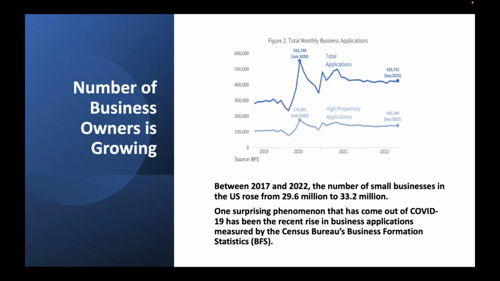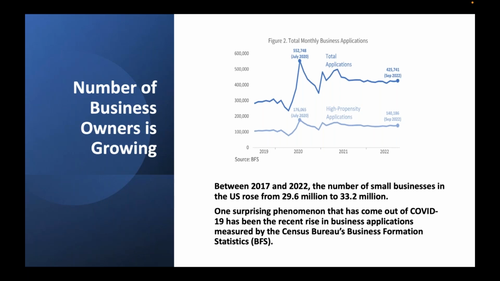Next slide. And interestingly, COVID has had many effects on everybody's lives around the world. And one of the more interesting outcomes, I think, has been what you might call a surge in the number of new business formations. So as this slide suggests, one surprising phenomenon that came out of COVID was the rise in business applications as tracked by the Census Bureau.